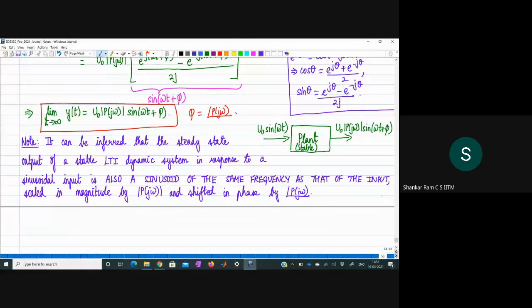That is very, very important. But the magnitude of the input u0 is scaled by the magnitude of the sinusoidal transfer function P of j omega, and the phase of the sinusoidal input is shifted by the phase of the sinusoidal transfer function P of j omega. Okay, so that is what we have.